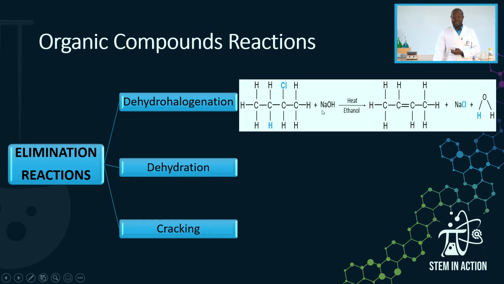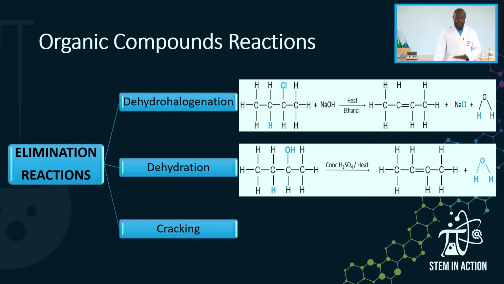So if you have a different base, let's say you have got a base such as potassium hydroxide, it means that this product is going to become potassium chloride, and then this is also going to be water. And notice also that the halogen can be any of the halogens. It can be bromine, it can be chlorine, it can be iodine or fluorine.